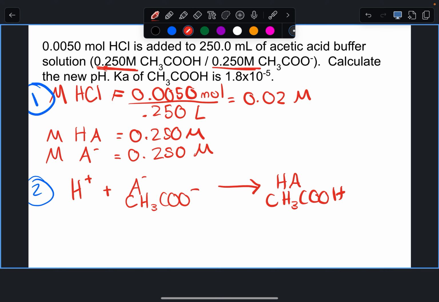Good question. I thought you were asking about the weak ones. If it's something you're unfamiliar with, just remember they'll always differ by an H plus. So whichever one has the extra hydrogen, that's your weak acid, and the one with less hydrogen, that's your conjugate base. With this one, it's something you've seen a lot before. I think there was a problem that was a little bit less familiar.